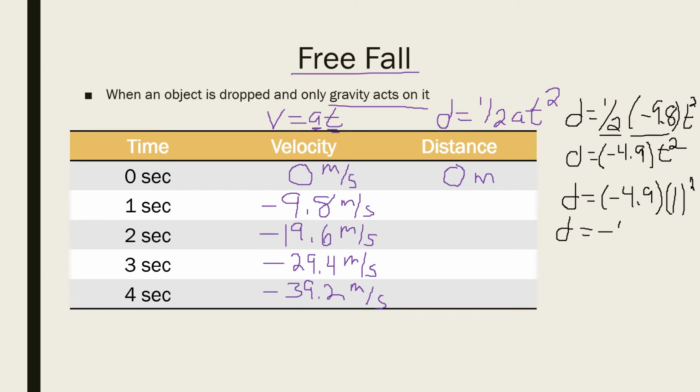Negative 4.9 times 2 seconds. But careful, you have to square the time. Negative 4.9 times 2 squared, or negative 4.9 times 4. D equals negative 4.9.